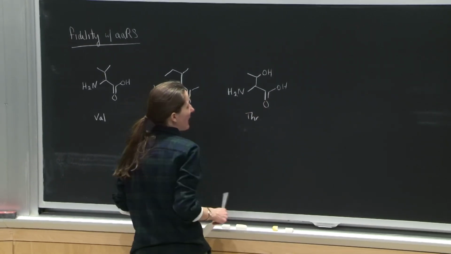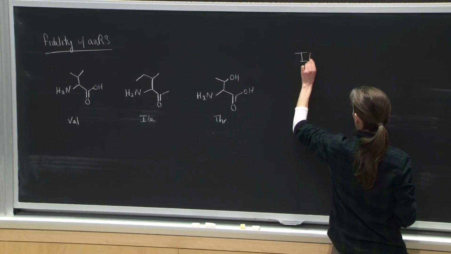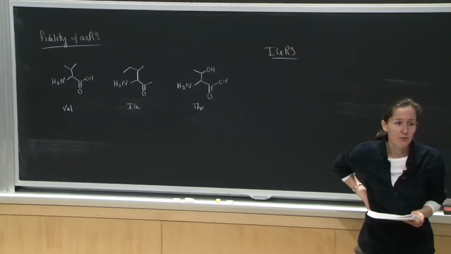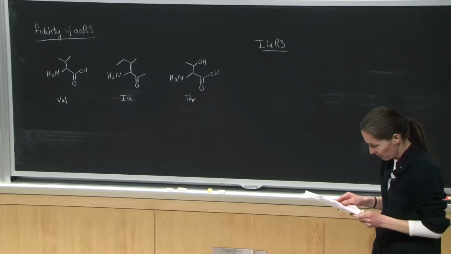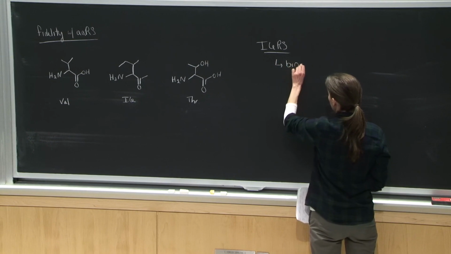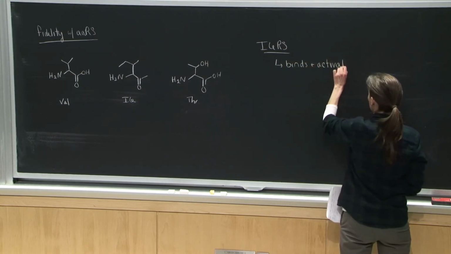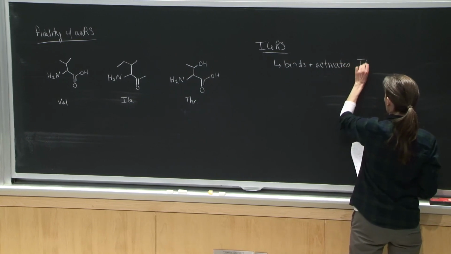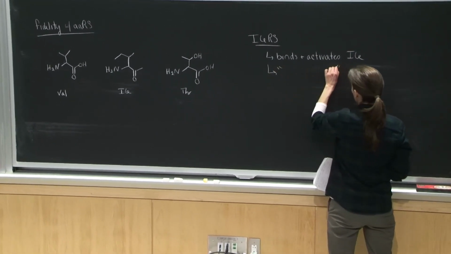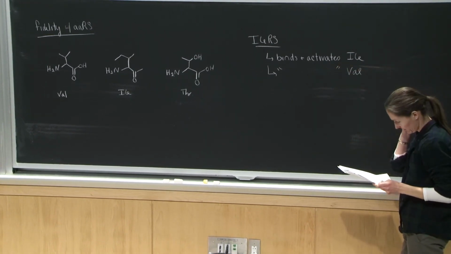And so as an example, what's found is if we consider our friend that we studied for the mechanism here, this binds and activates isoleucine, as we saw, but it will also bind and activate valine here.